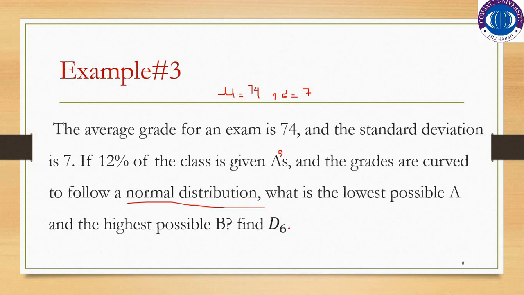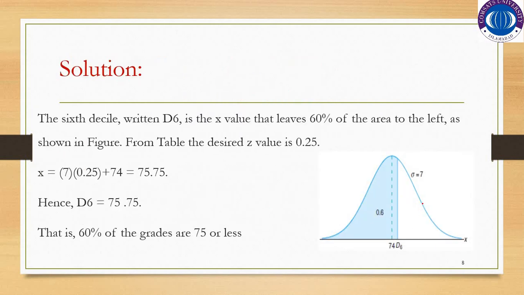Further, you have to find D6. D represents the deciles. Deciles divide the data set into 10 equal parts, and we have deciles from D1 to D9. D1 is the point which has 10% area below it.